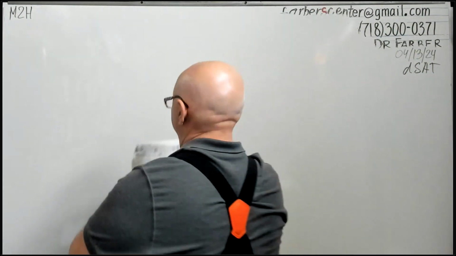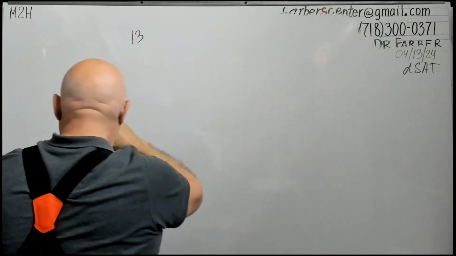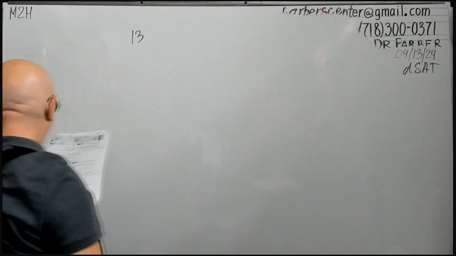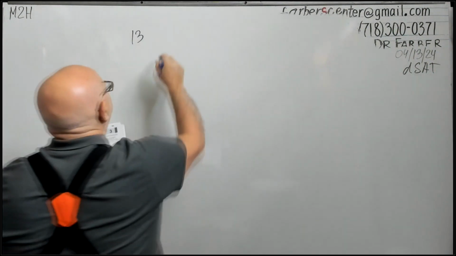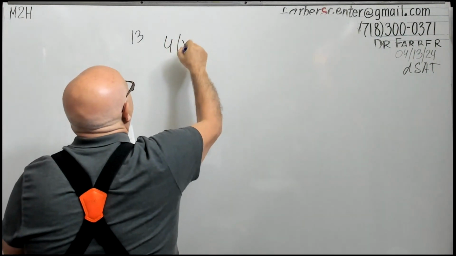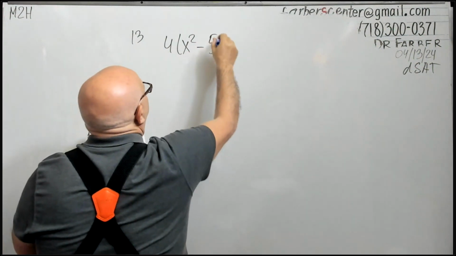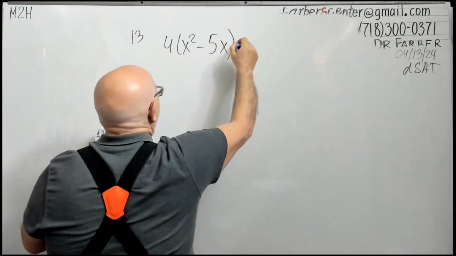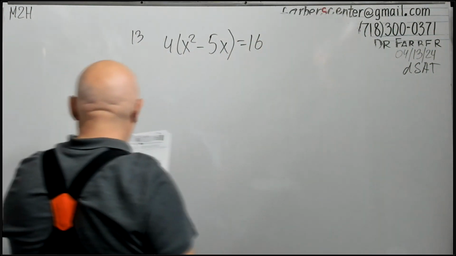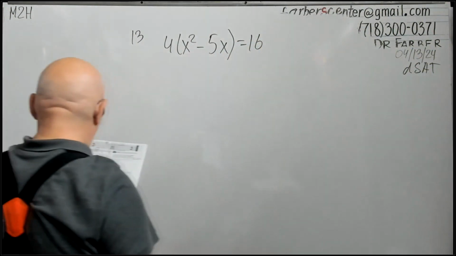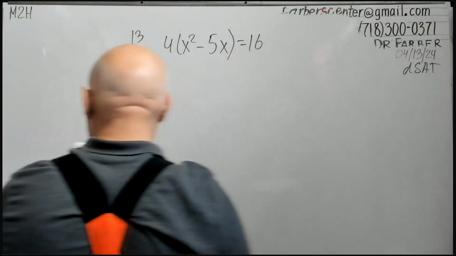In 13, we have 4x squared minus 5x equals 16. The question is, what is the sum of the solutions of the equation?